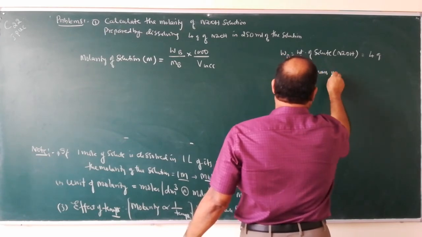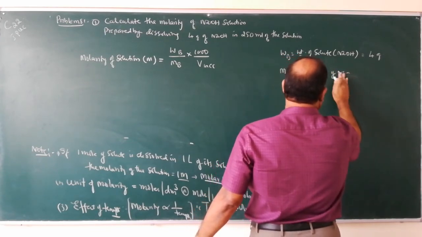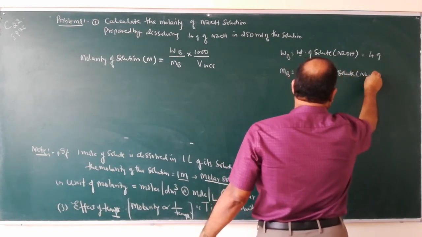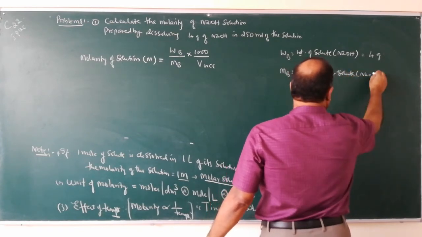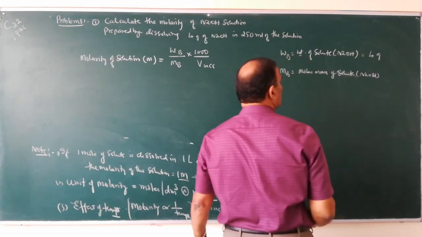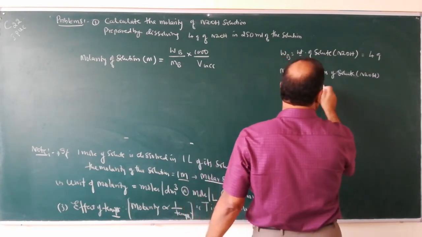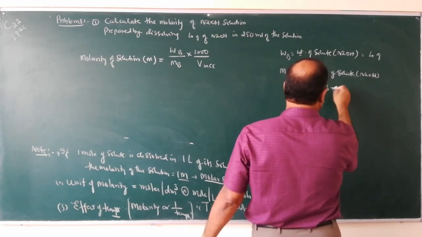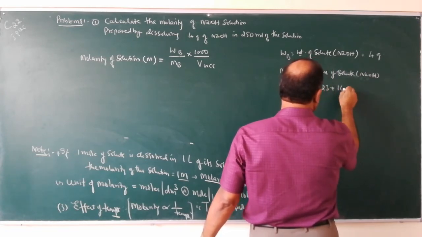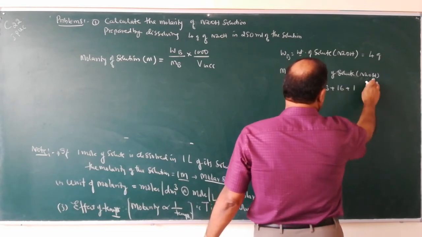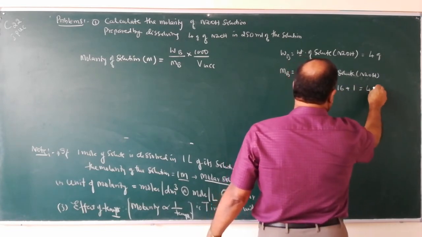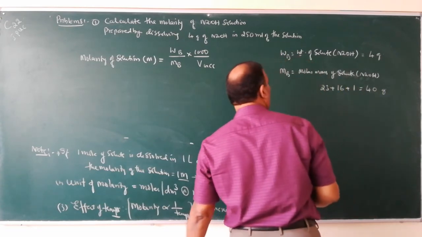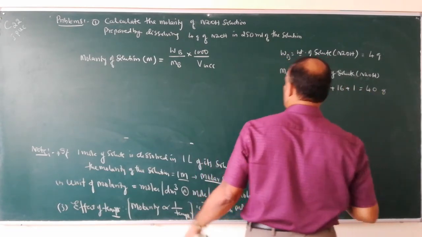molar mass of solute. What is the solute? NaOH. You have to calculate the molar mass of sodium hydroxide. Atomic mass of sodium is 23 plus atomic mass of oxygen is 16 plus atomic mass of hydrogen is 1, that equals 40 gram, which is called the molar mass of sodium hydroxide.